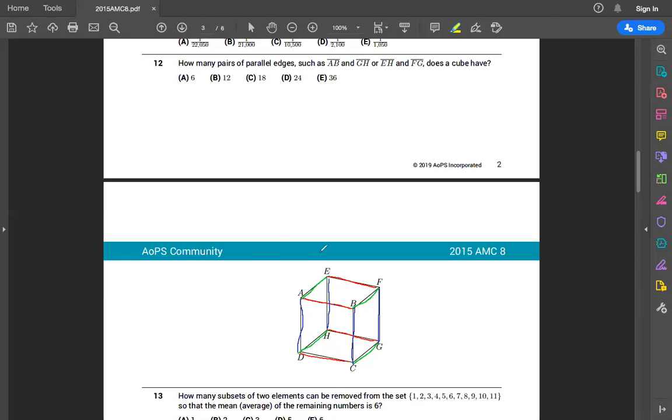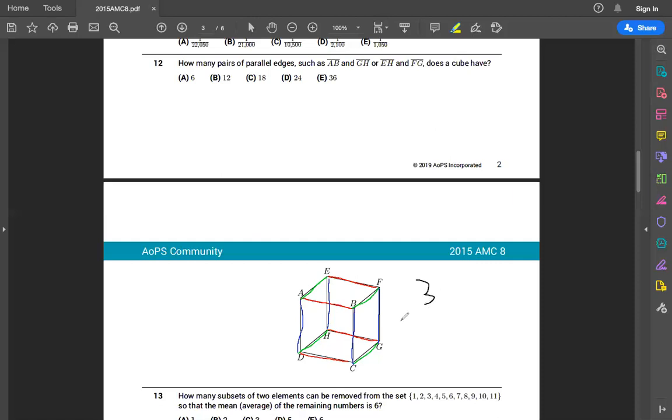So to calculate the total number of parallel edges, we can just look at one color at a time. So how many pairs of red edges, for example, could we pick? Well, we could pick AB with any of these three, right?